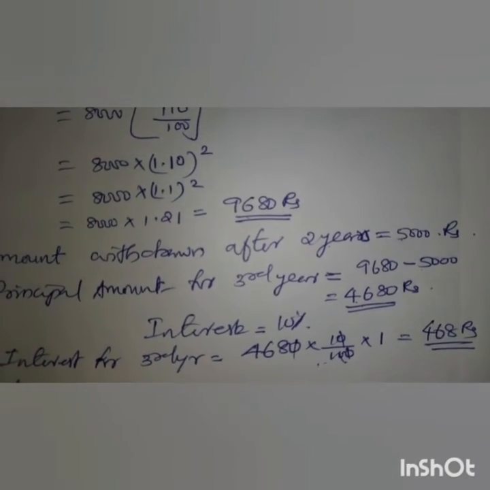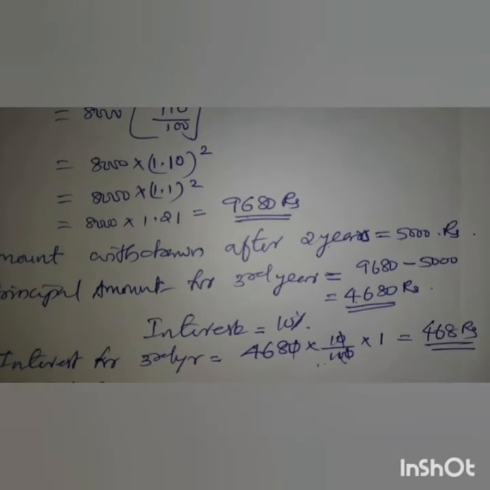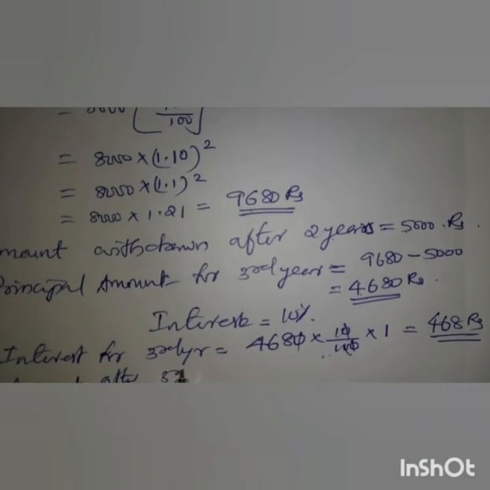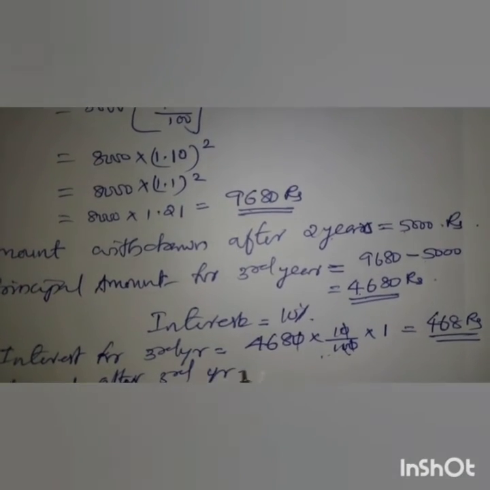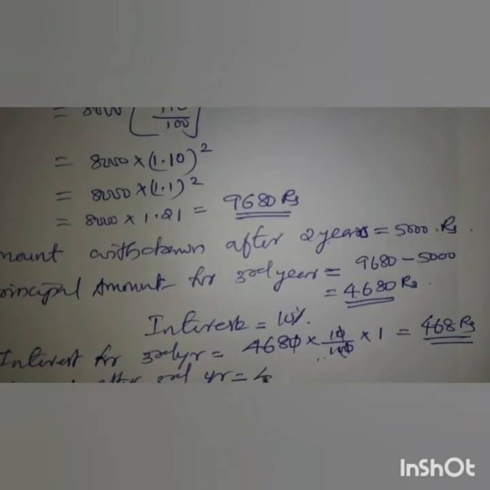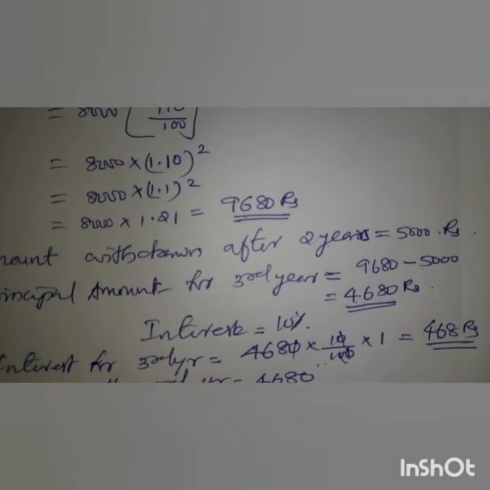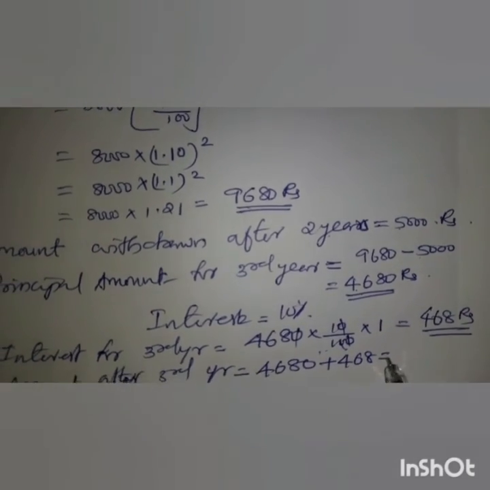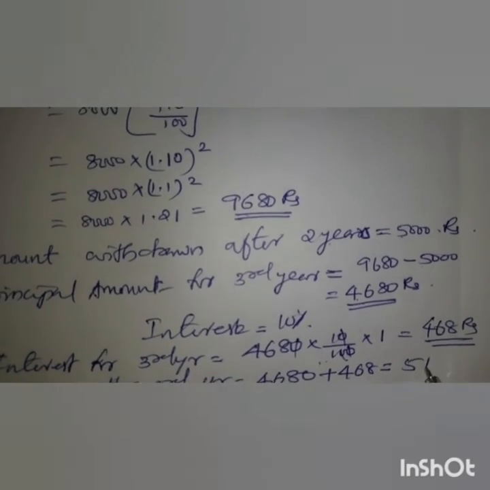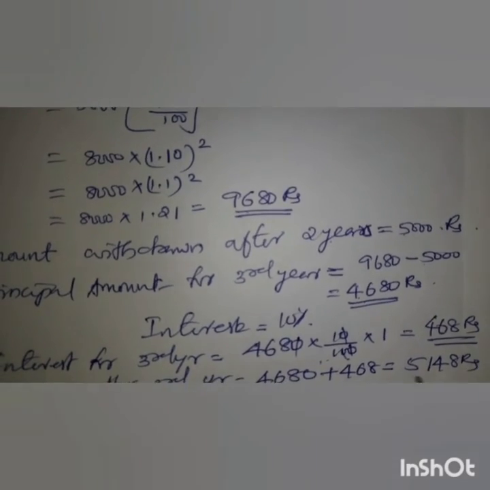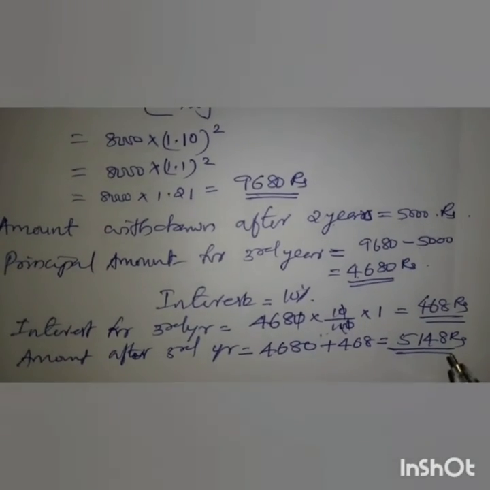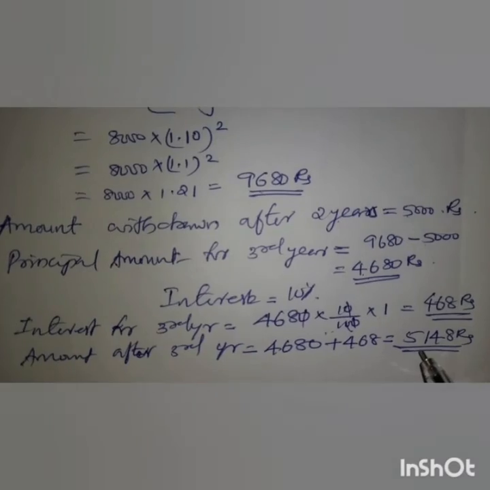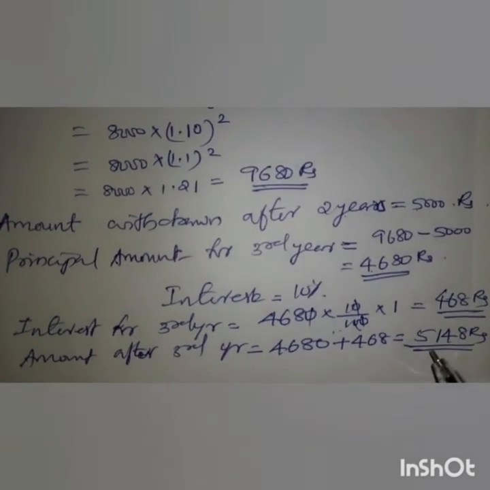Then the amount after third year is equal to the principal amount of that year, 4680, along with 468. You have to add it. Interest is added. So 5148 rupees is the amount he is getting after how many years? 3 years.